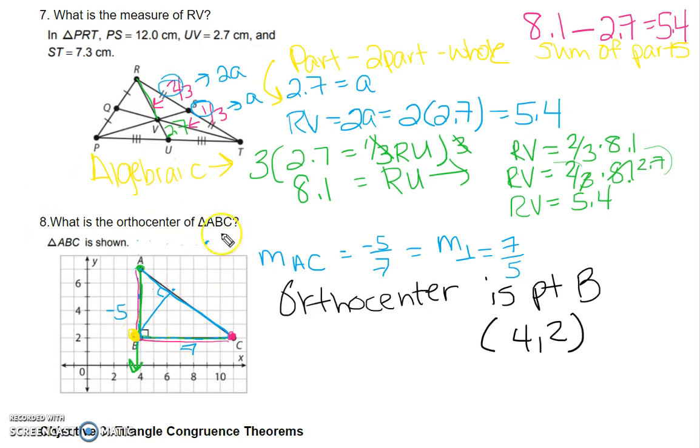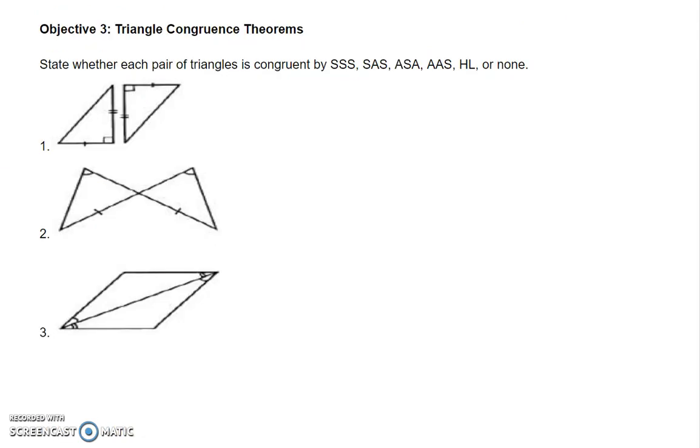Okay, our next section. We covered this on our Frosty Day relay as part of our review, but they're congruent triangles. Are they congruent by side-side-side, side-angle-side, angle-angle-side, angle-side-angle, hypotenuse-leg, or none? So I'm going to look and I see I have a side, an angle, because that right angle counts, and a side. Do I have a side-angle-side here?